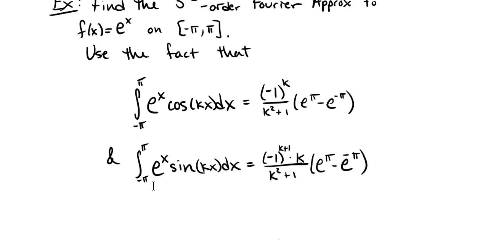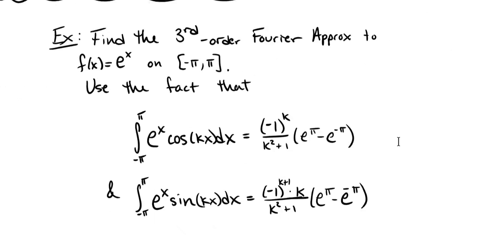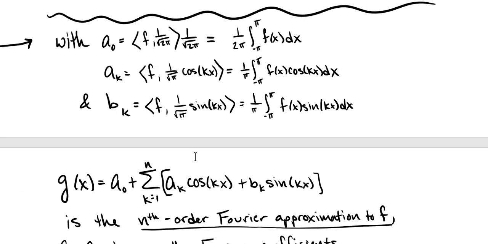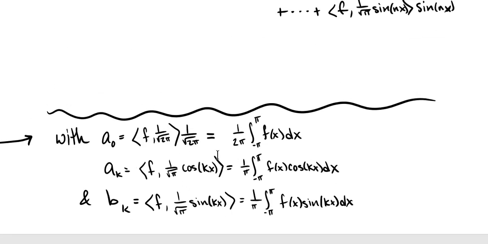And the integral from negative pi to pi of e to the x sine kx dx is given by this formula. This is going to be very nice because those integrals are really how these coefficients are defined. Right. So this is going to be easy. If I know what these integrals come out to for my f of x equals e to the x plugged in, I can find my ak's and my bk's. I can find my a naught as well.